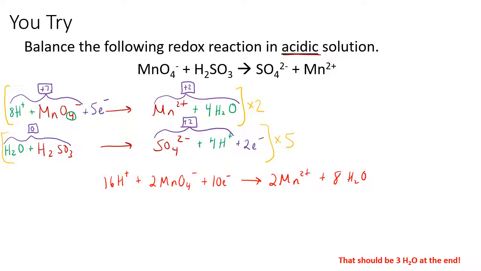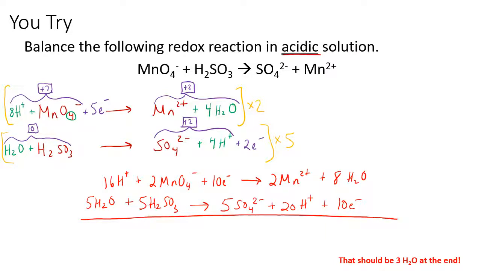For our second half reaction, we're going to have 5 H2O plus 5 H2SO3. Products, 5 sulfate ions plus 20 hydrogen ions plus 10 electrons.